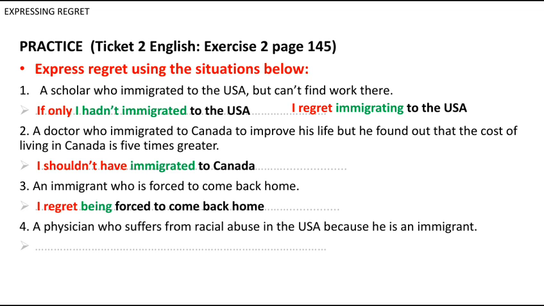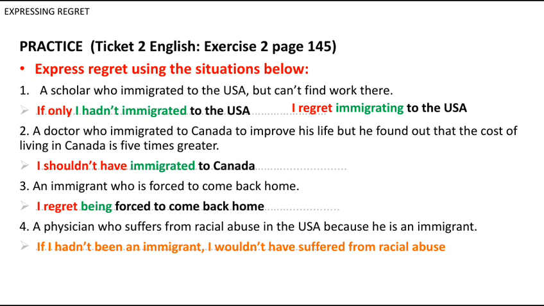Excellent. I regret being forced to come back home. Good. Okay. Number 4, a physician who suffers from racial abuse in the USA because he is an immigrant. Yes. If I hadn't been an immigrant, I wouldn't have suffered from racial abuse. Yes, this is a regret in the form of conditional type 3.